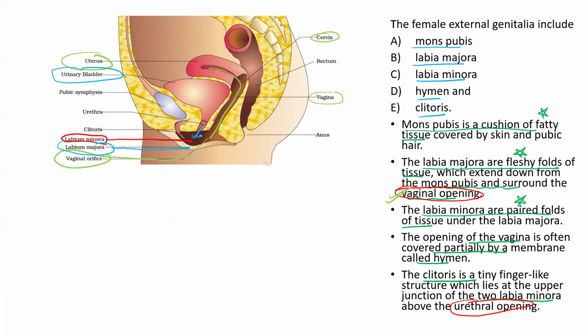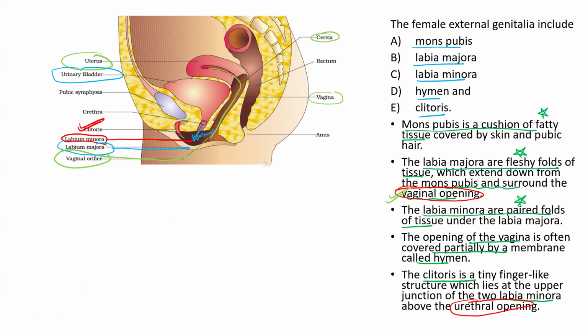So two openings are discussed, the urethral opening and the vaginal orifice. Then see carefully, this is the clitoris, which is present at the junction above the labia minora. Please focus, it is above the labia minora, not with the labia majora.